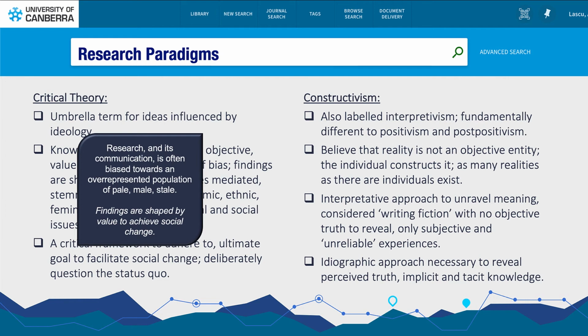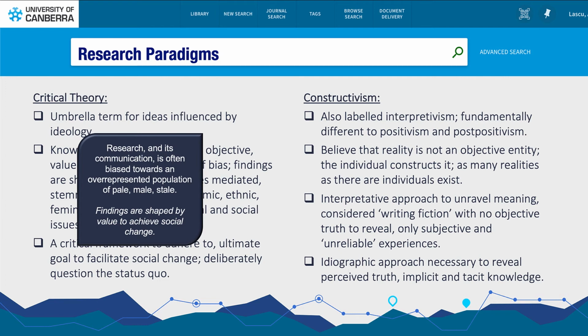And constructivism is also labeled as interpretivism. It fundamentally is different to positivism and post-positivism. They believe that reality is not an objective entity. The individual constructs it, as many realities as there are individuals exist.